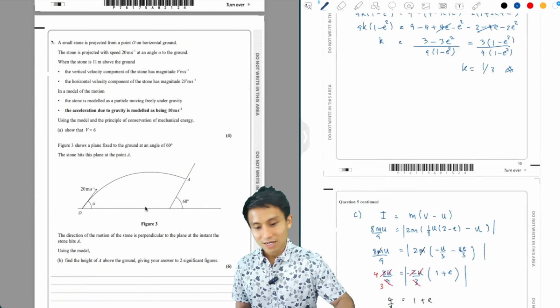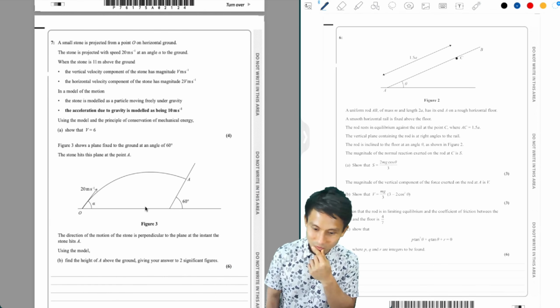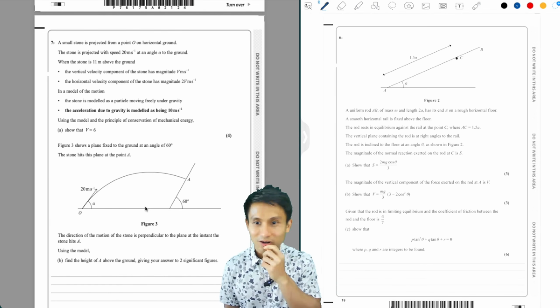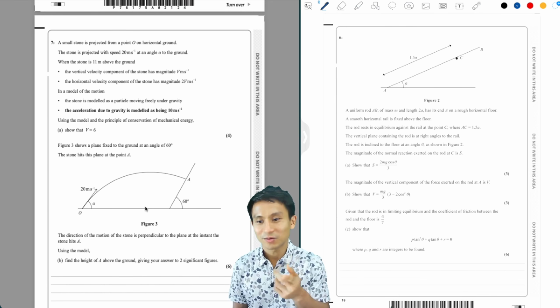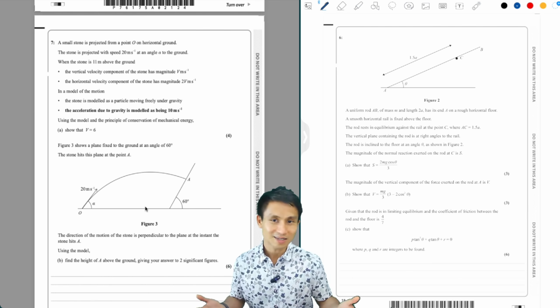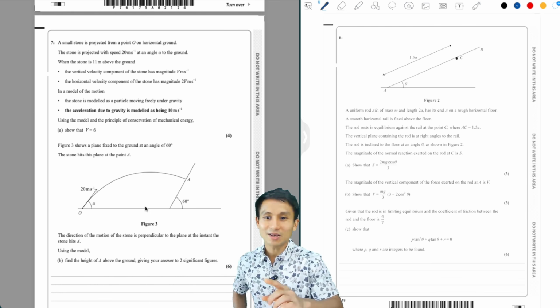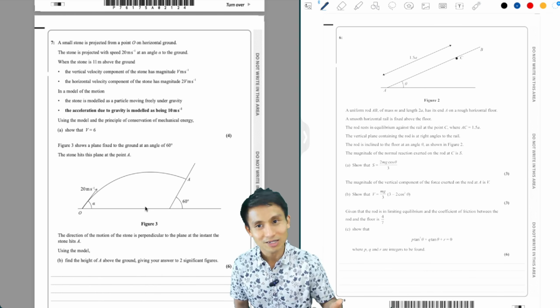Yep, 7 again. Well, this one, yeah, they didn't tell you if you should use energy or not, but sorry, they did tell you in the first part, but they didn't tell you in the second part, part B, and that is a good example. They could have not told you here in part A, and still again.